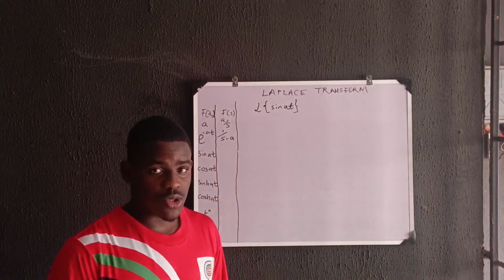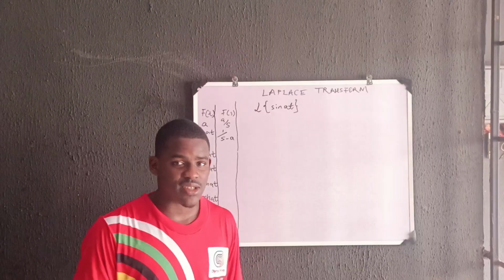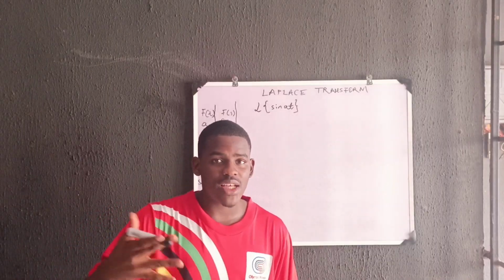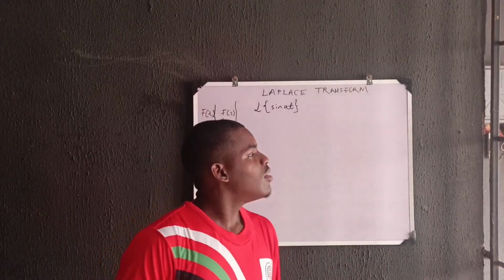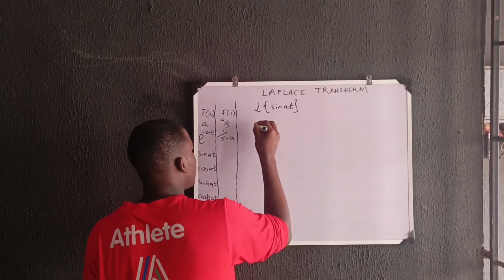Now there's a concept I want us to understand, and it's called complex numbers. In complex numbers, there is a concept called Euler's formula. Okay, let me show you. Watch this.